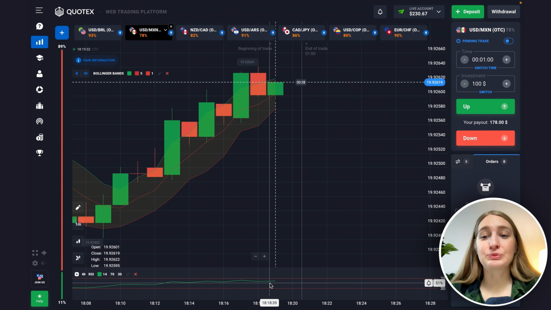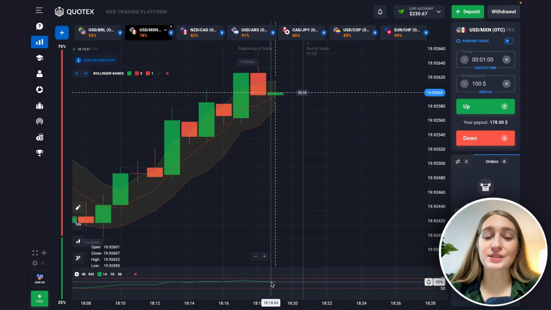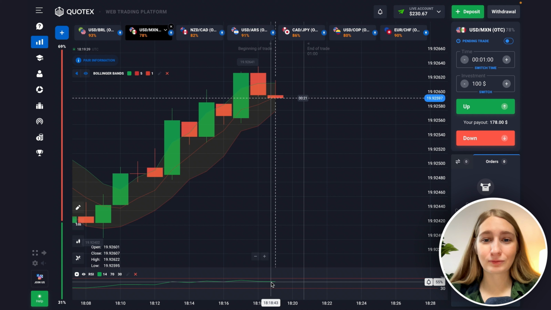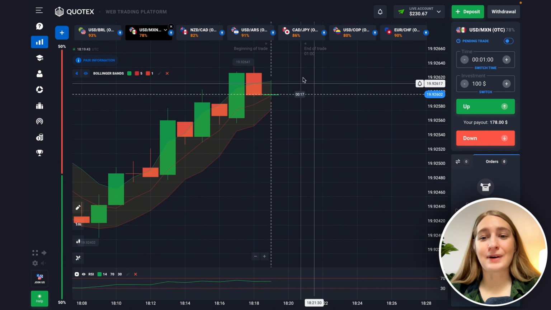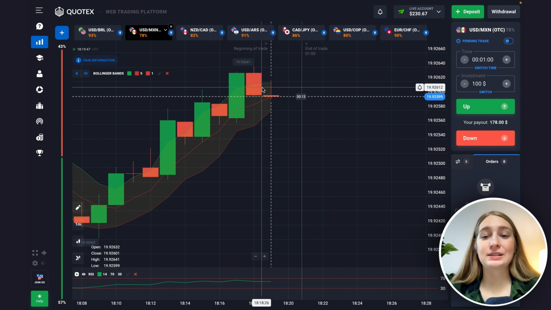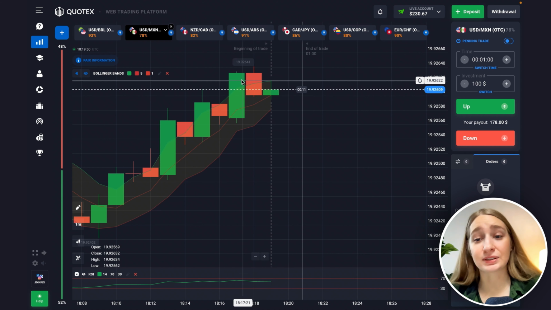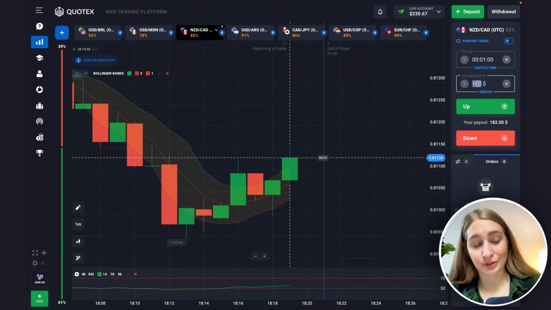Right now I see more clearly that the price is going a little bit up if we look at the RSI indicator. And yes, I'm not really a fan of this situation now because of the Bollinger Bands, and the Bollinger Bands corridor is closing. And so let's make a trade in the next currency pair.